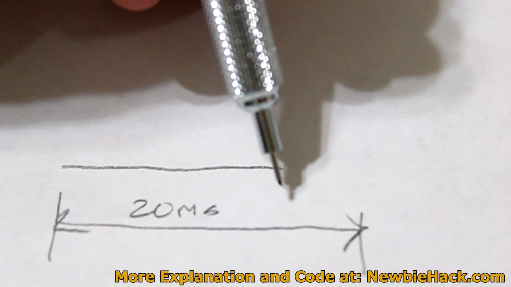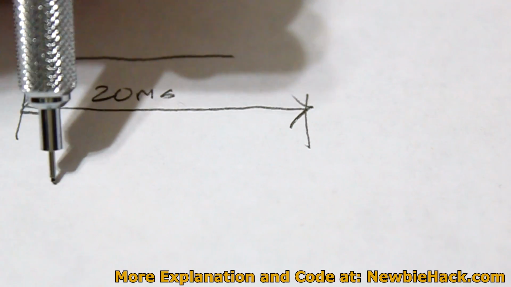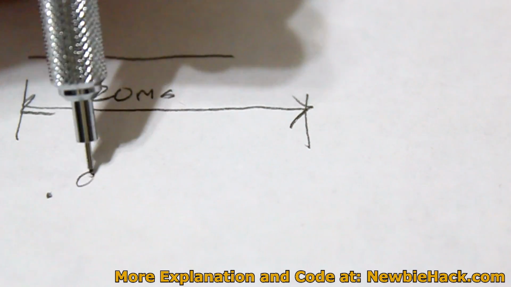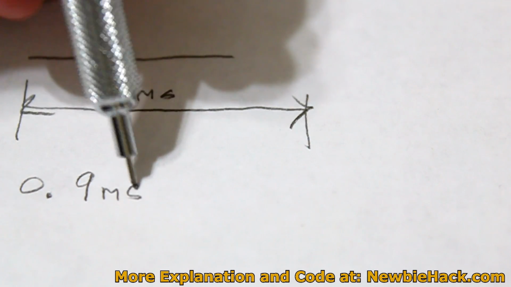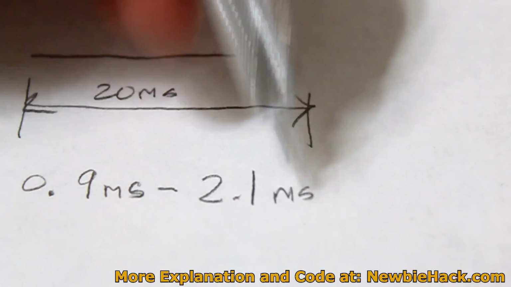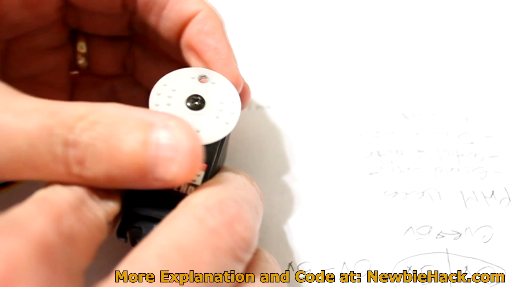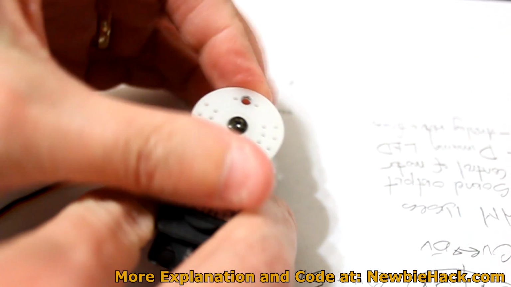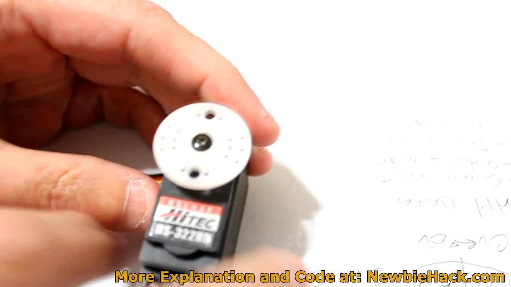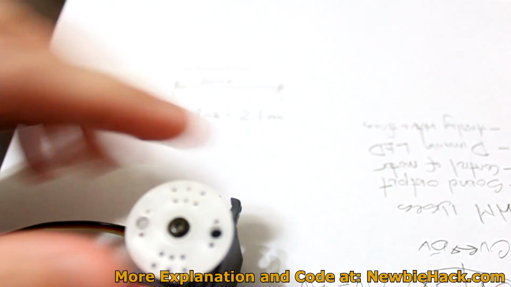According to the servo manufacturer in the datasheet, it actually says the pulse has to be between 0.9 milliseconds to 2.1 milliseconds. The 0.9 milliseconds will take it from maybe this location, and then the 2.1 milliseconds would be in this location. And right in between the two numbers, the 0.9 and 2.1, you'll have the horn centered.